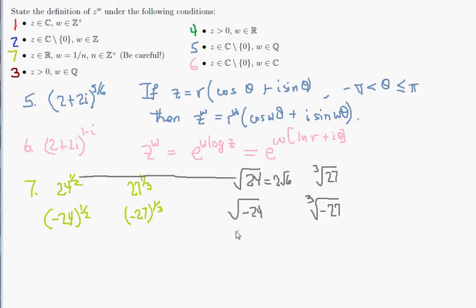Square root of negative 24, however, is undefined. There is no real number so that x squared equals negative 24. That cannot be solved over the real numbers. So the square root of negative 24 technically is undefined. Negative 24 to the 1/2, that is defined.